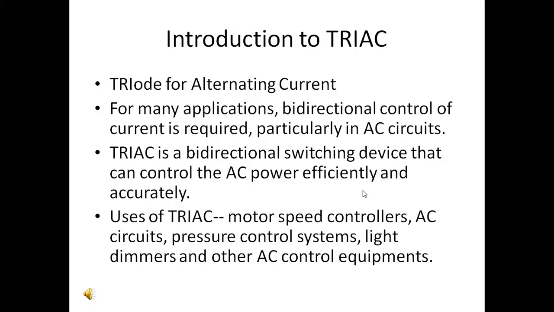To achieve this with SCRs, two SCRs must be connected in anti-parallel to control both positive and negative half cycles of the input. TRIAC is a bidirectional switching device that can control AC power efficiently and accurately.